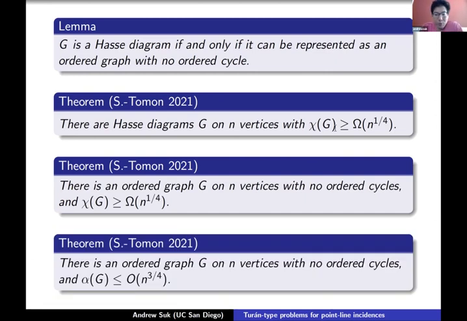And to show this, we showed this kind of Ramsey result, which is that there is an ordered graph on n vertices with no ordered cycle with very small independence number. And once you show this, that implies these results here.